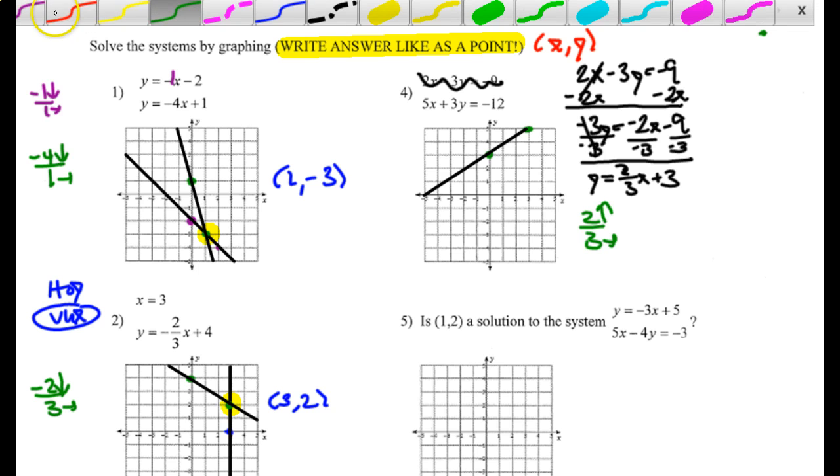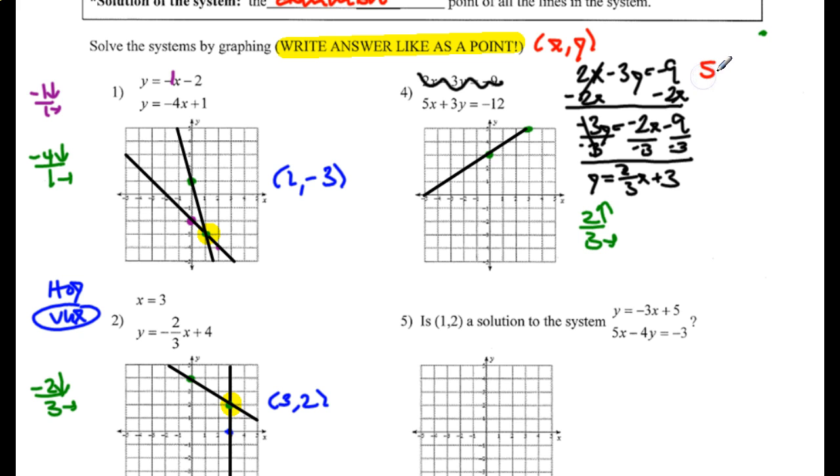Alright, now we're going to do the second equation. 5x plus 3y equals negative 12, and we're going to solve this one now. Getting y by itself as always, we will do minus 5x on both sides first. The left side is just 3y equals, put that negative 5x first, and it was a negative 12, so it's minus 12.